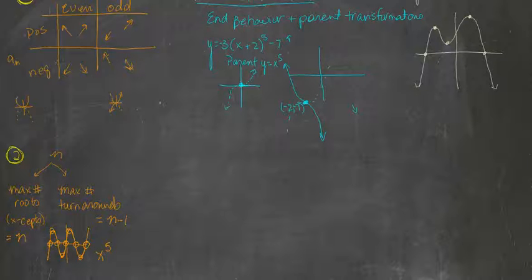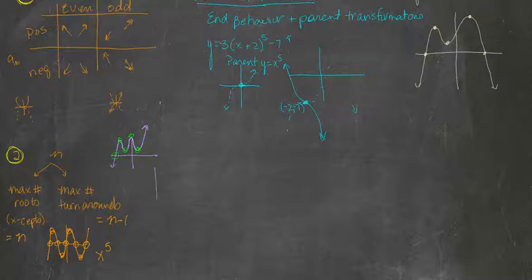Now, you're not always going to have 5 roots for a 5th power. Special cases could happen. A graph could look like this, where you have your n minus 1 turnarounds, 1, 2, 3, 4 turnarounds, but I only have 1 root. So all kinds of combinations can happen.